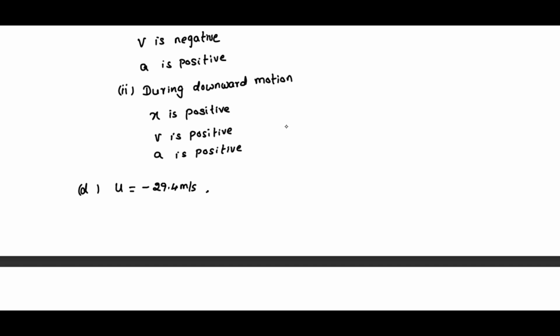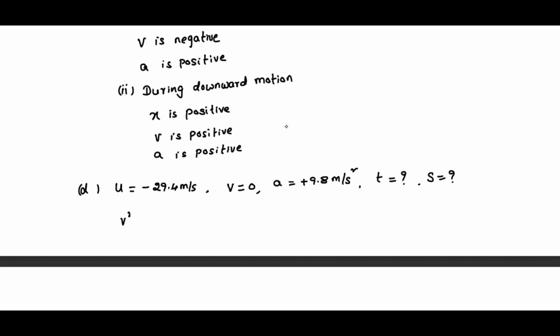U is negative as per the condition given in C, and final velocity is 0. A is equal to plus 9.8 meter per second square, and we need to find how much time it will take and how much distance it will travel.